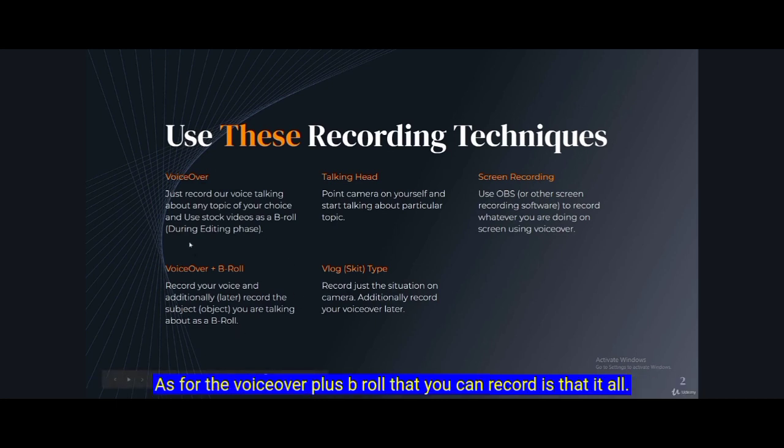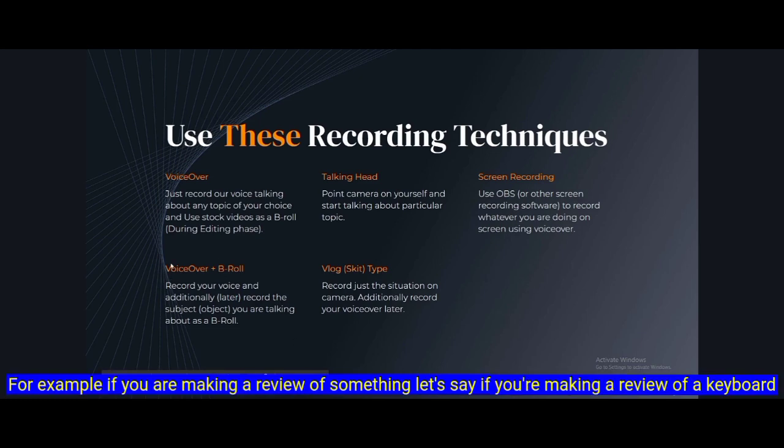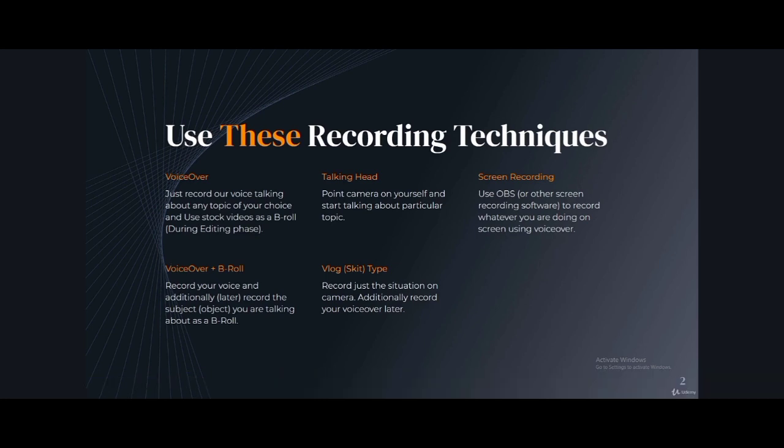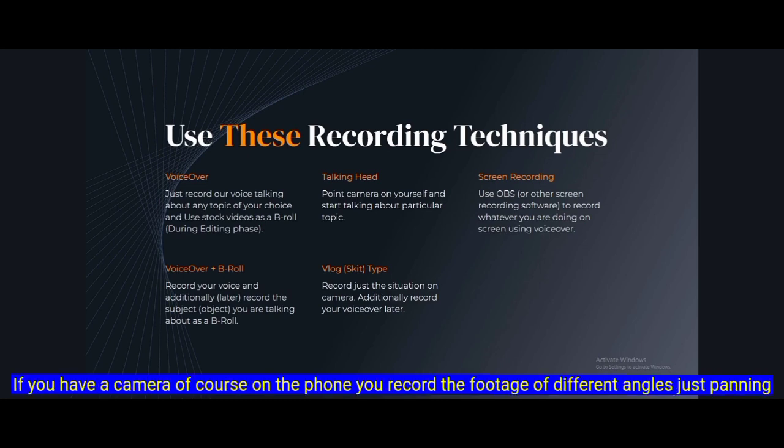As for the voiceover plus b-roll that you can record, it usually works for videos that are product based. For example, if you are making a review of something, let's say a keyboard, what you do is you take footage of the keyboard, you just record it on a camera, if you have a camera, of course, or on a phone.